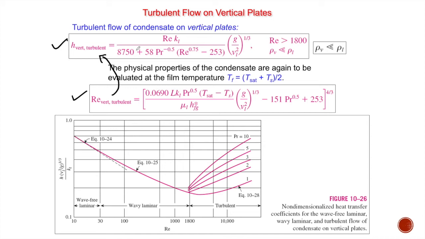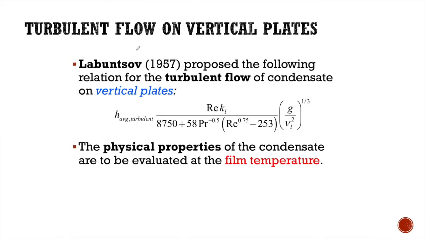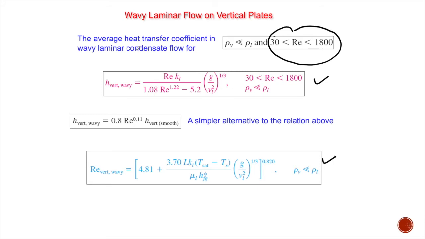So now, the first step you have to do when you want to solve the problems in condensation is to assume. Let's say you have the problem, and then you assume that the problem is in wavy lamina. The first assumption is wavy lamina flow. After you made that assumption, you go to Reynolds number wavy, substitute all the values.